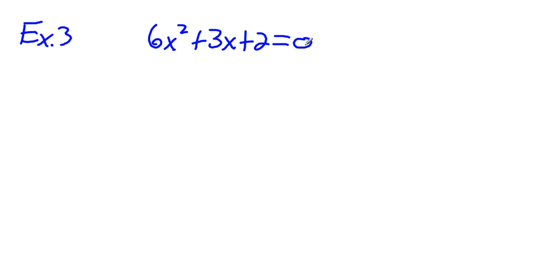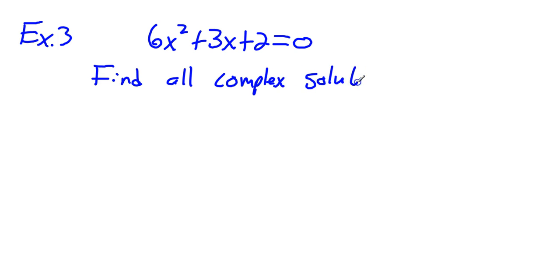They tell you to use the quadratic equation, but even better than that, they tell you to find all the complex solutions. As soon as they tell you to find the complex solutions, that should let you know that you're going to be taking the square root of a negative number. So they go ahead and give you a good heads up on this one with that part of the directions that you're going to have a negative square root.